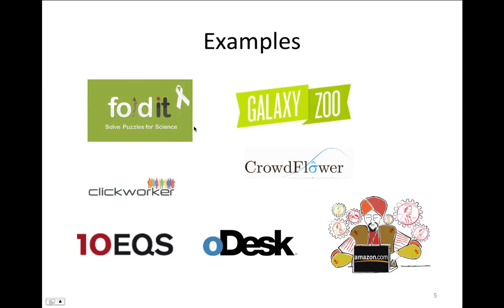Or there are other examples like 10EQS, where people give specific consultancy. When somebody is seeking, for instance, an expert on thermodynamics, they can go there and ask for an expert, and then pay the person for the task that they are looking for.